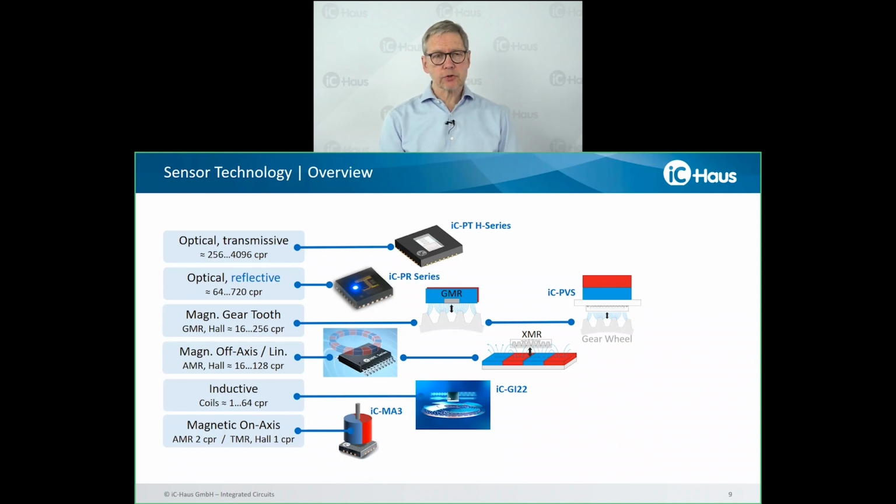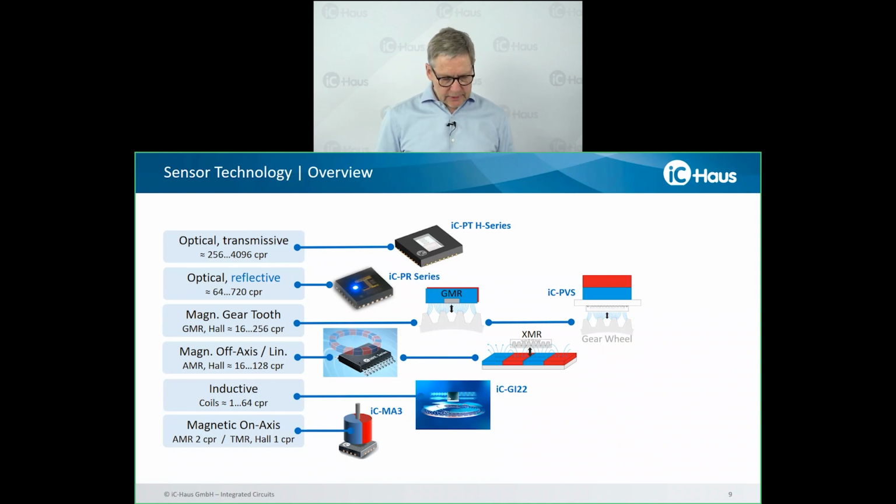A higher resolution is usually achieved if you go off axis. That is when the IC or sensor does not look at the axis centrally anymore. Typical examples here are a pole wheel encoder or a tape encoder using XMR sensors. Now, regarding optical sensors, there are various reflective and transmissive detectors available that generate a significantly higher input resolution.